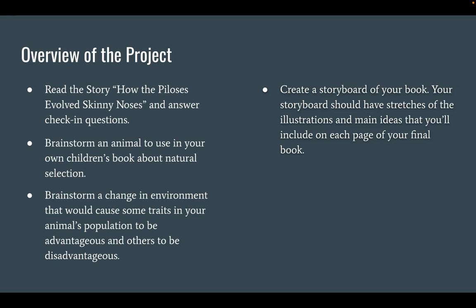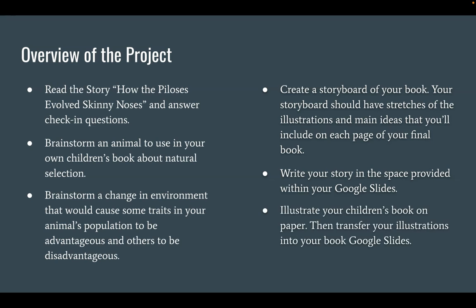Once you have your ideas, you'll create a storyboard. And from your storyboard, you'll write a story within your Google Slides. And you'll illustrate your story on paper and then transfer your illustrations to your Google Slides. With that done, you'll assemble and write your final story.